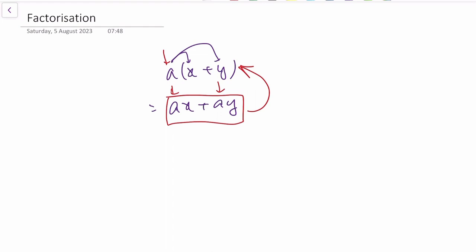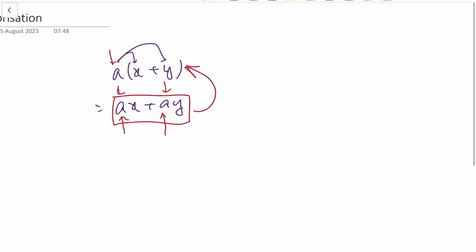So what I mean is, if you have something that is common between both terms, then you can take it outside of the bracket. For example, if you see cx plus cw, both of them have a c.